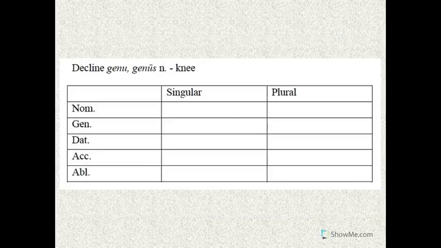Here we have the noun knee, which we just saw in the previous sentence. We have genu, genus. That should have a macron over it. So as we saw in the previous slide, we had a u ending for the nominative. We also had a u ending for the accusative singular and for the ablative singular. This is all correct.